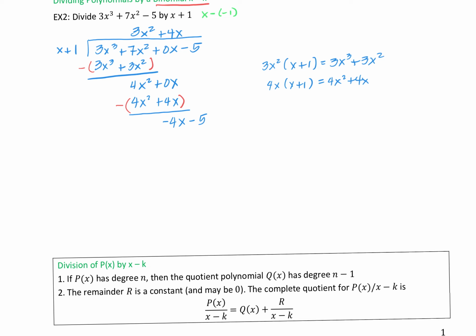Again, what do you need to multiply the x by to get negative 4x? And that would be a minus 4. So the minus 4 times x plus 1 is equal to the negative 4x minus 4. And then you subtract down.